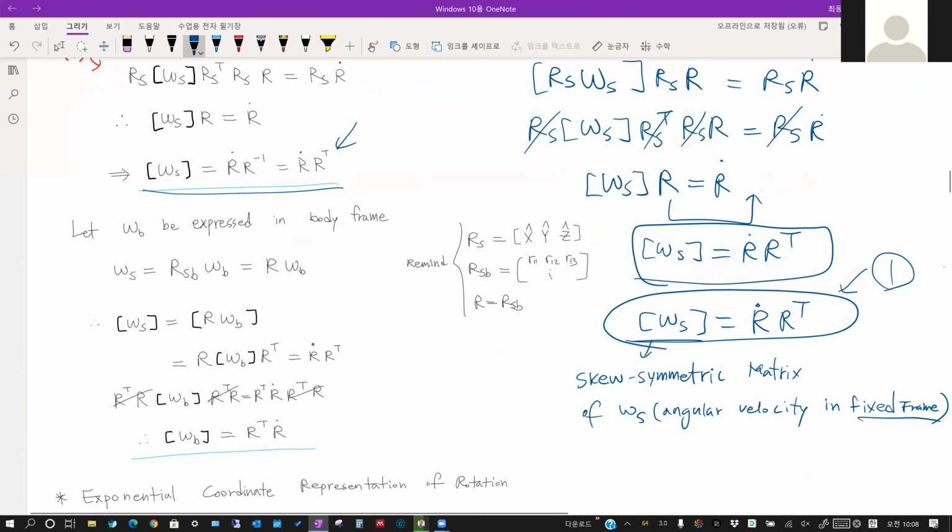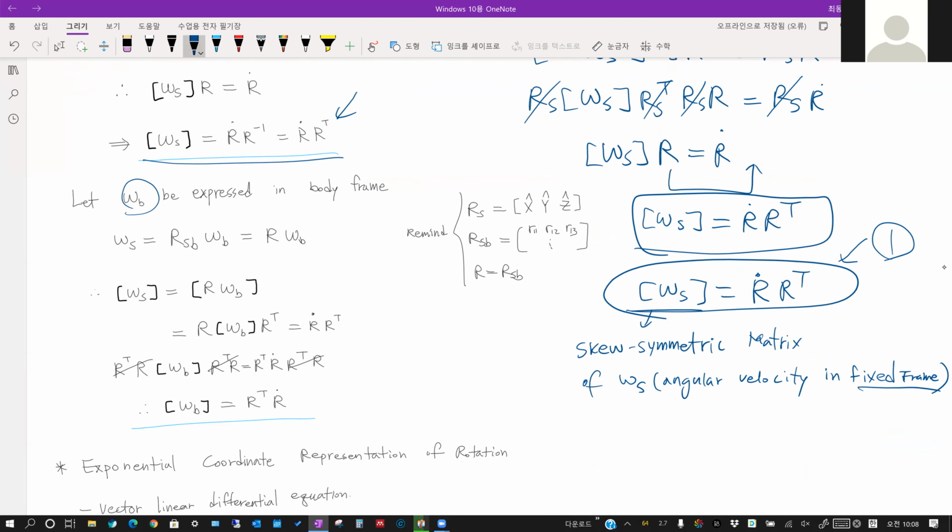And let's think about omega B. Omega B is the angular velocity expressed in the body frame, because this omega vector, the body frame vector, can be converted using R_SB.